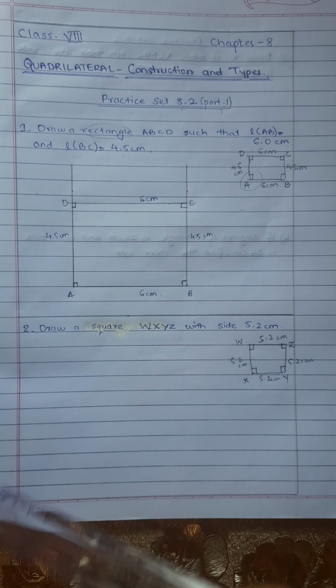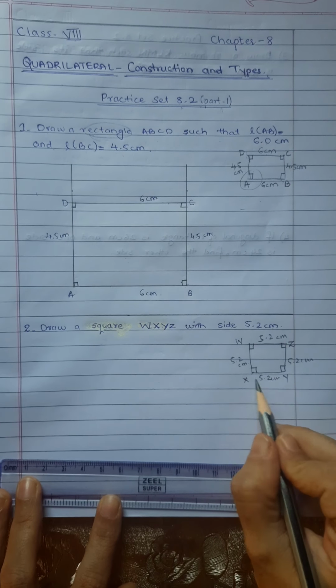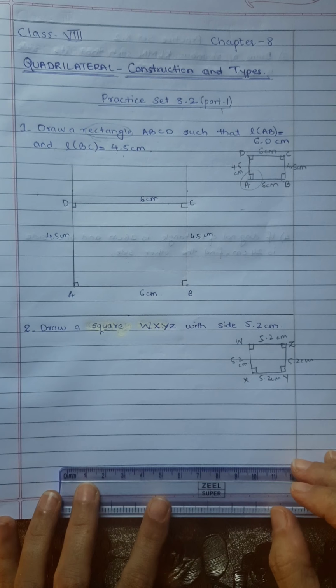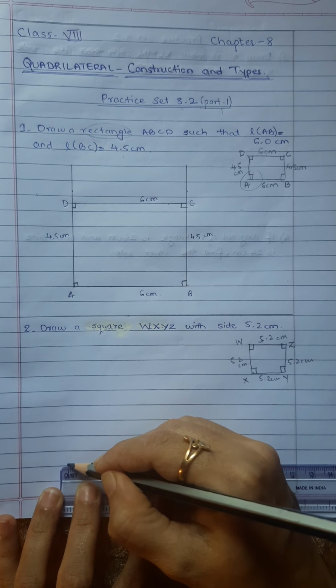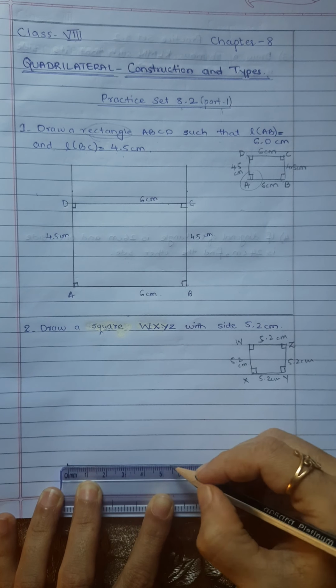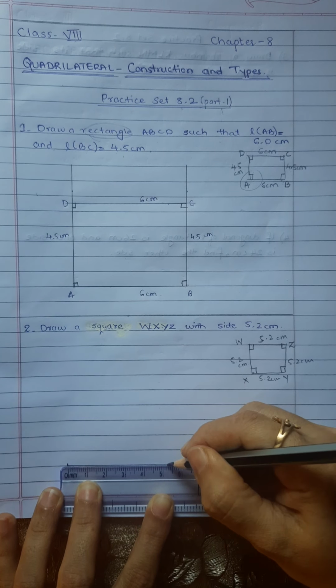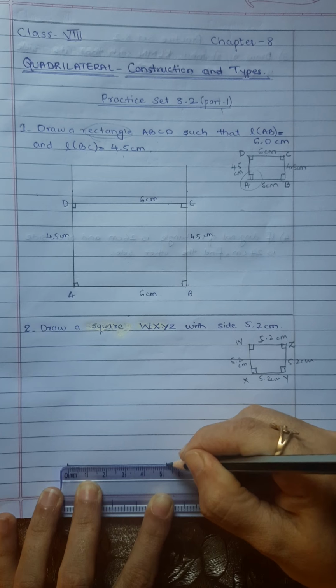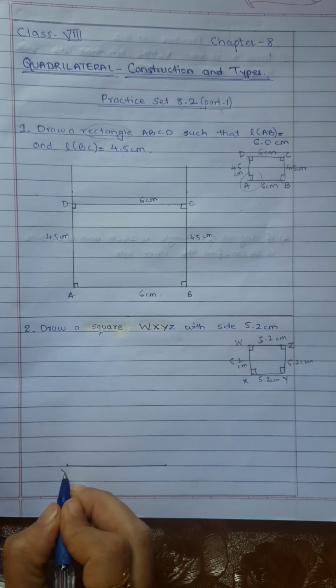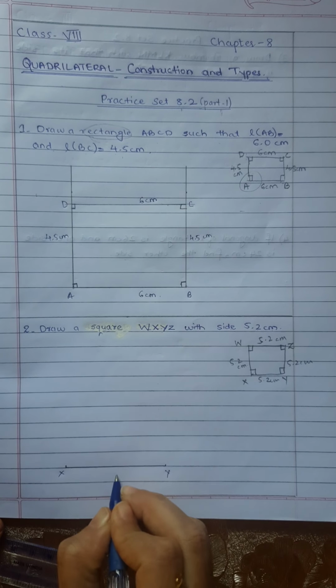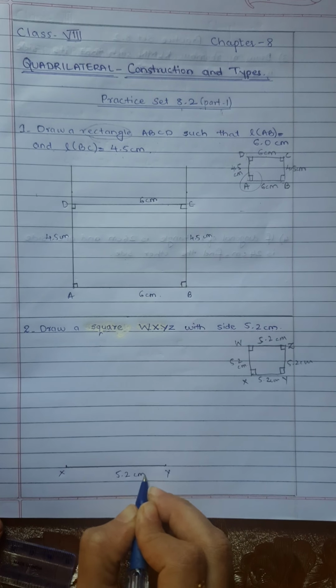Let's start drawing. Side XY first, 5.2 centimeters. So keep it here, starting from 0 till 5.2 centimeters. Name it as X, Y, 5.2 centimeters.